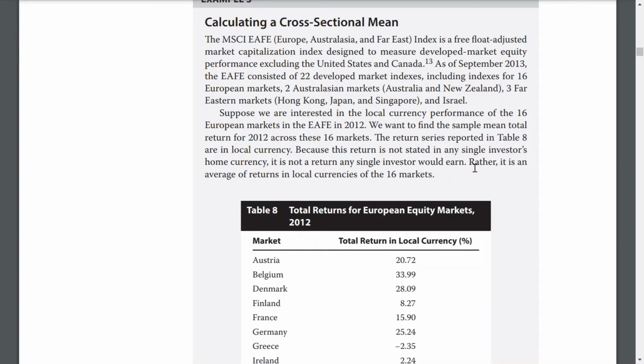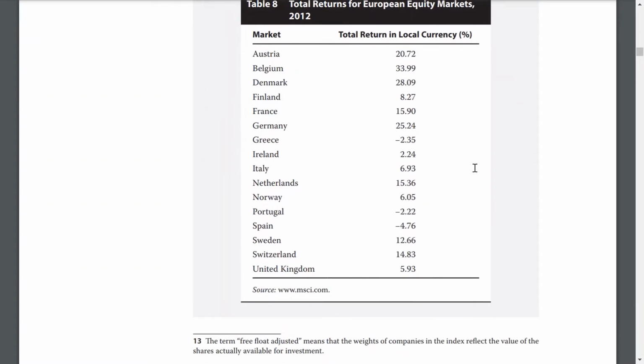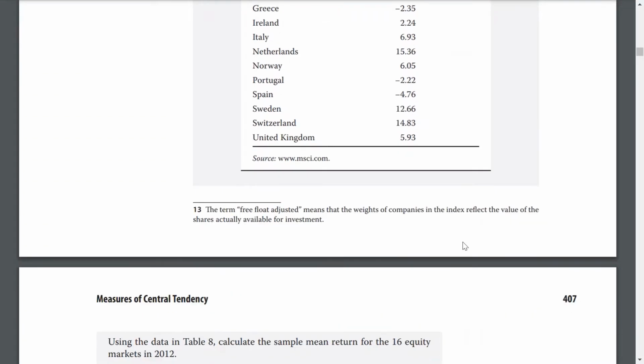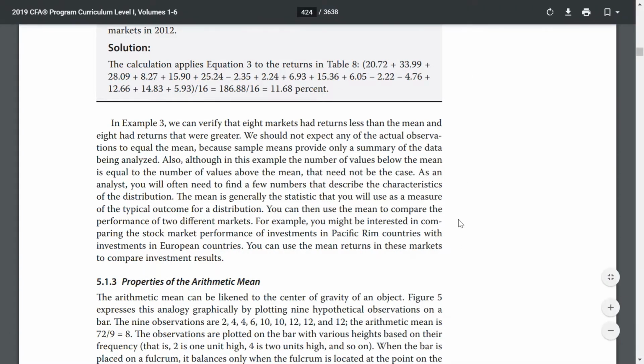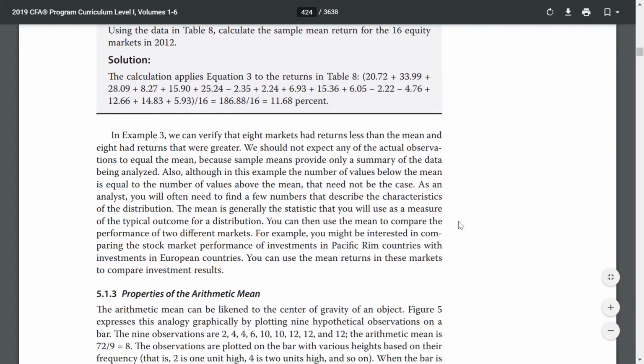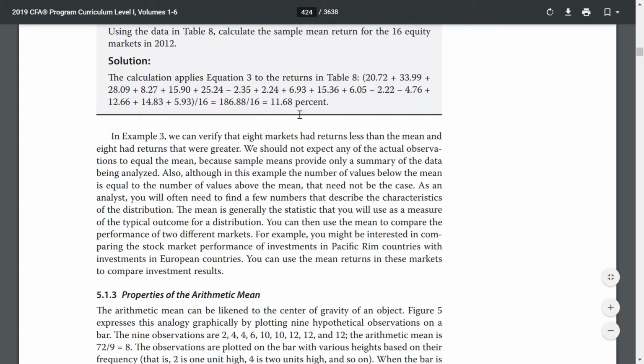Rather, it's the average of the returns in the local currency of the 16 markets. So here's the average return. Using the data in Table 8, calculate the sample mean return of the 16 equity markets in 2012. By doing that, you'll get around 11.68%, just by adding them up and dividing by the number of samples.